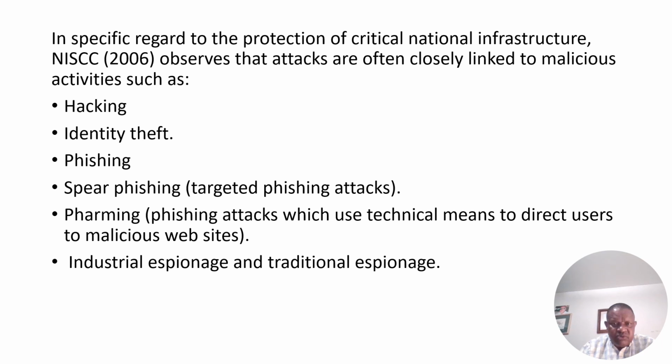In specific regard to protection of critical national infrastructure, this document, which is a document of the UK, observes that attacks are often closely linked to malicious activities such as hacking, identity theft, phishing, spear phishing, targeted phishing attacks, pharming attacks, which use technical means to direct users to malicious websites, and industrial espionage and traditional espionage.